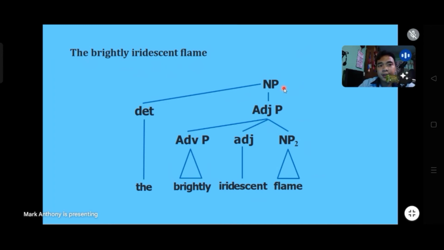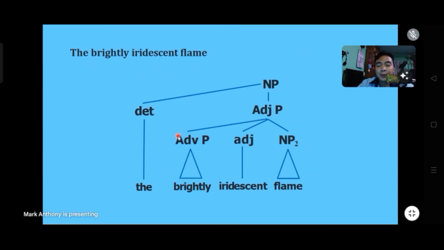So here we have the noun phrase, which again is divided into two sub-constituents: the determiner and the adjective phrase. Under the adjective phrase, we'll divide it again into different sub-constituents, because there are different words in the sentence and each word has a different category or corresponding constituent.